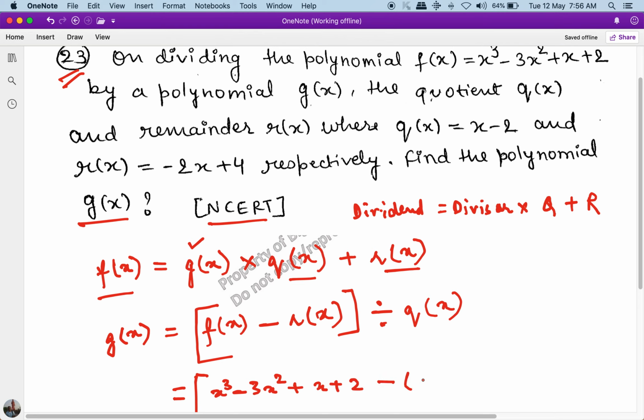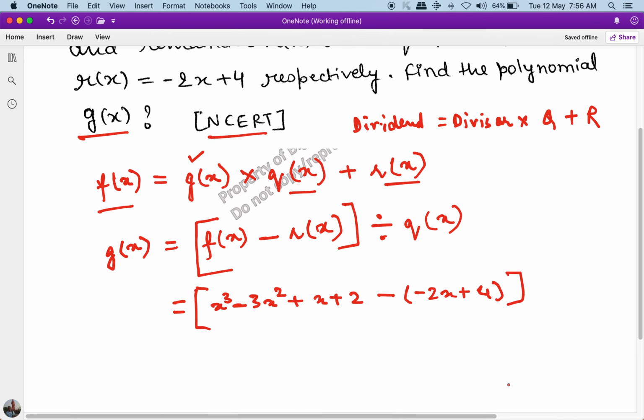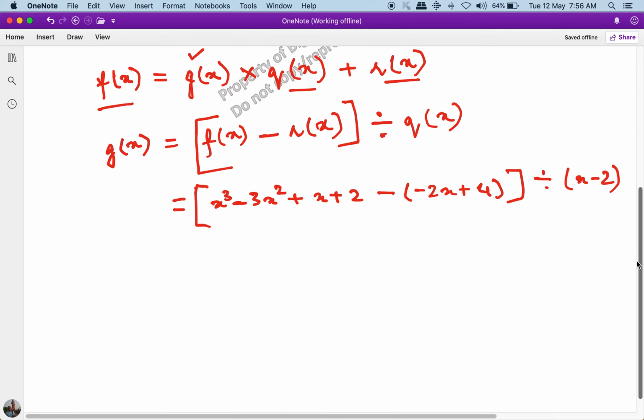So this will be minus of minus 2x plus 4. And this I have to divide by x minus 2. Now this is the question that we have to solve.